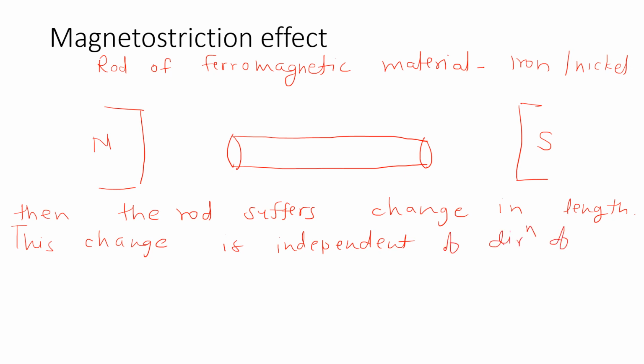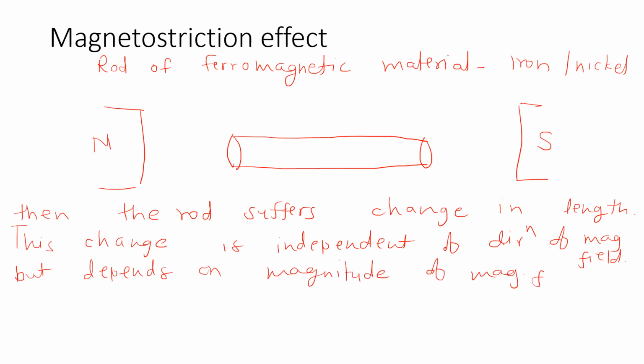but depends on the magnitude of the magnetic field. Now, when a rod of ferromagnetic material is placed in the magnetic field parallel to its length, then the rod suffers a change in length.